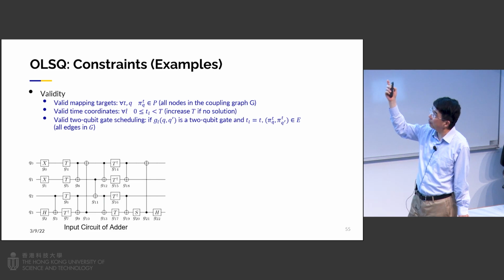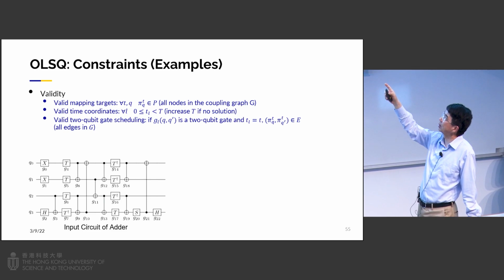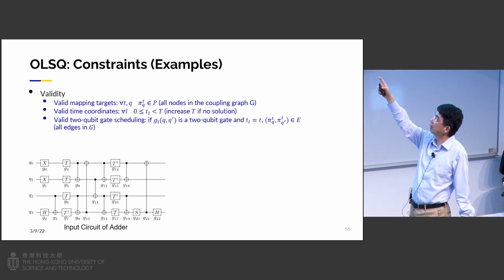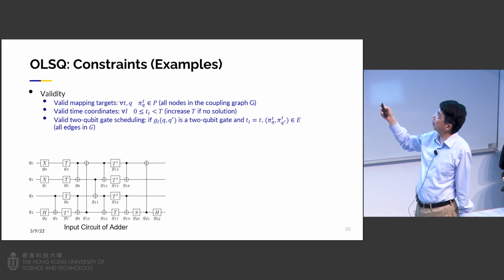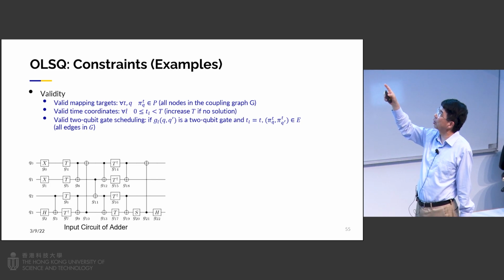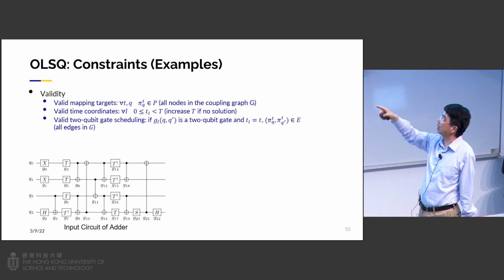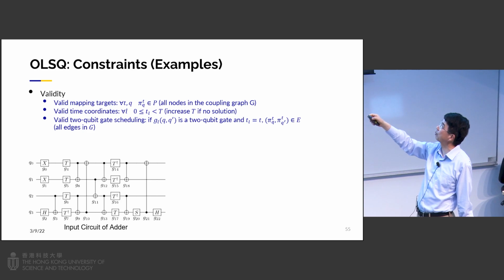Then you can have the constraints. So what are the constraints? The first one is a valid mapping constraint: if logical qubit q at time t goes to this physical qubit p, every qubit has to go to some physical qubit, right? So that's a valid mapping. And also valid time: all of them have to be executed within time T. The capital T is something we're going to optimize.